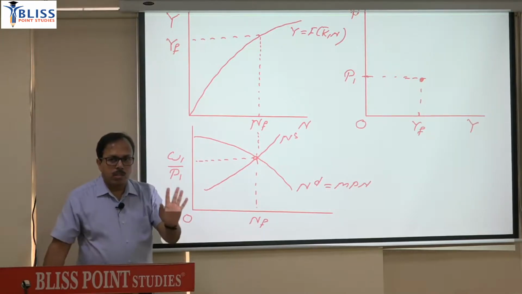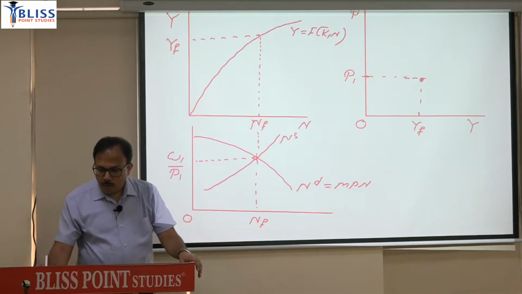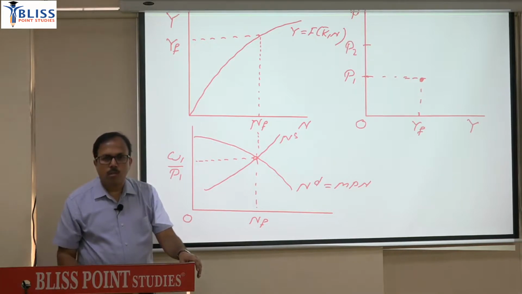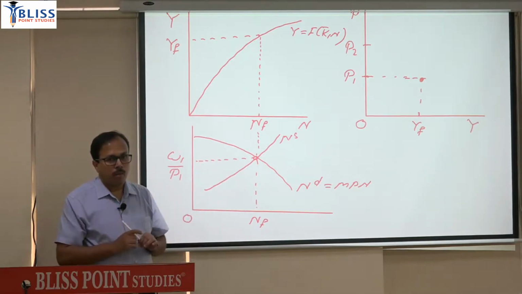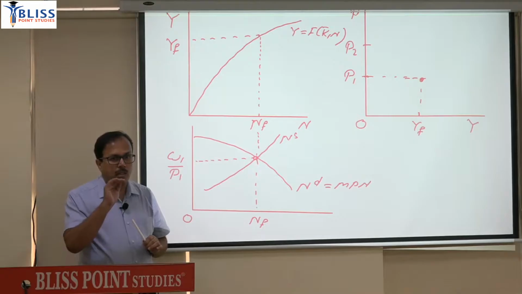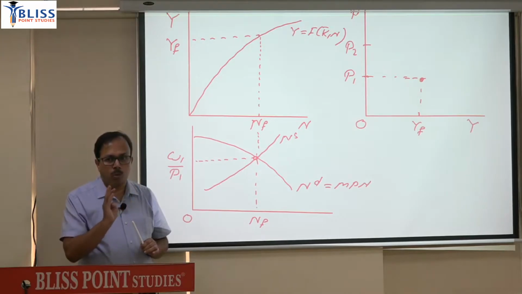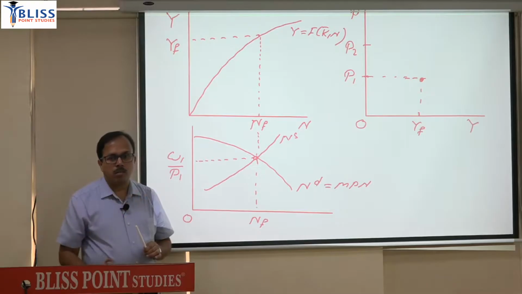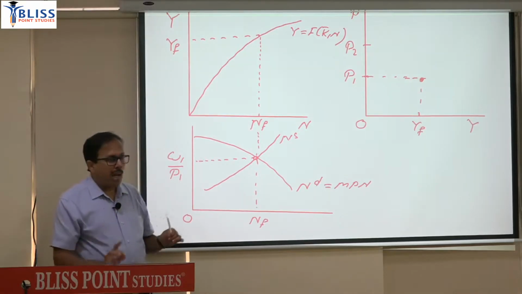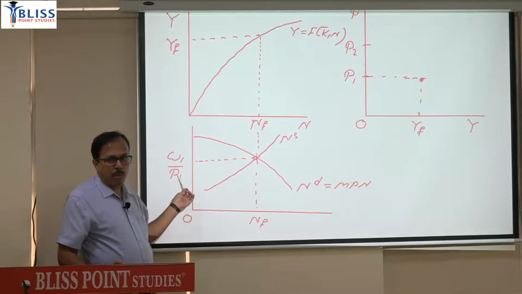Now just see here. If I say that price is P2, higher, what will be the impact on output? What will be the impact on employment in the classical model? ये P की वैल्यू बढ़ा रहा हूँ मैं.